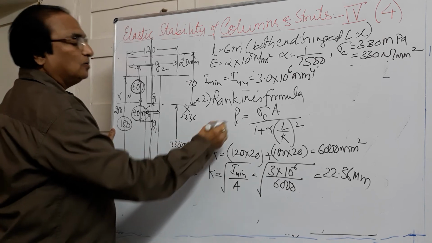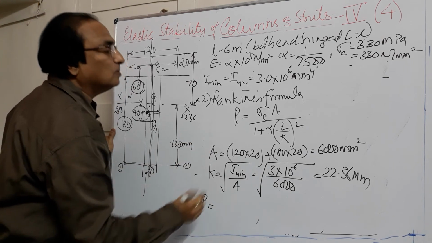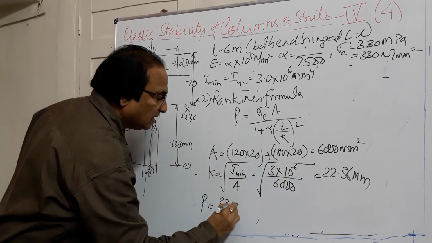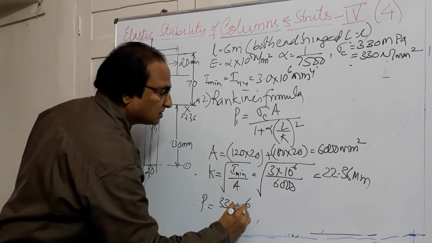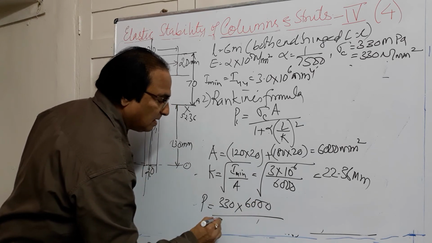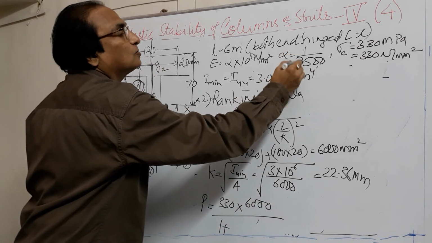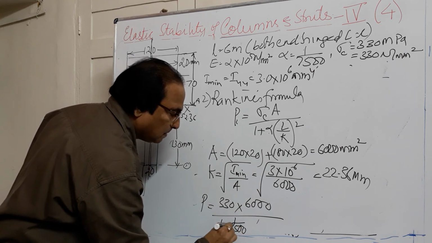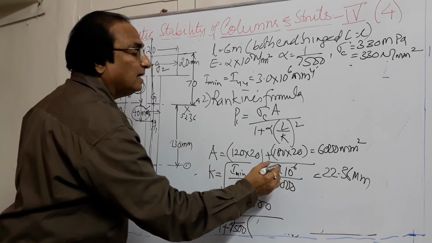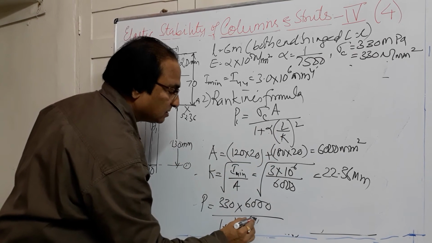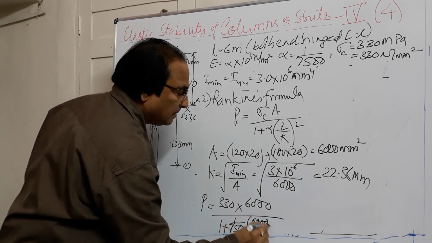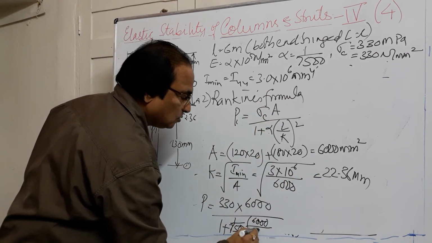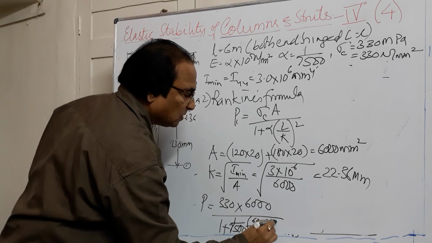So using these values, let us substitute in P is equal to sigma C, which is given to you as 330 Newton per mm square, into the cross section area we have got, 6000, divided by 1 plus alpha, which is given to you as 1 by 7500, into L, the effective length, which is equal to 6000 mm, divided by K. The value of K is 22.36, squared.